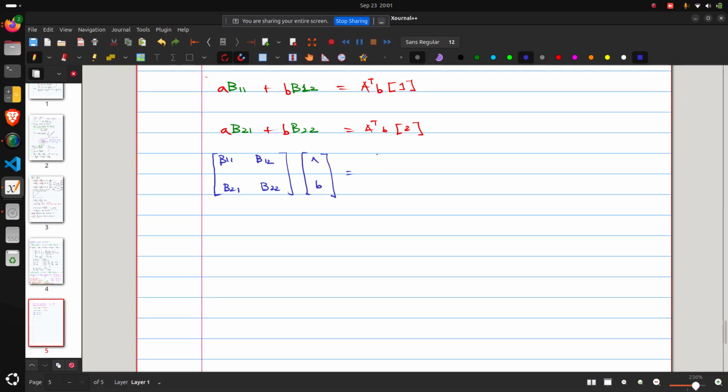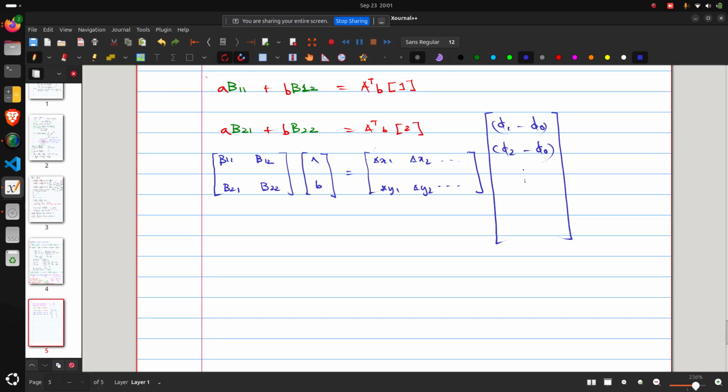A and B is nothing but A transpose B, or let me just write it down. So delta x1, delta x2, delta y1, delta y2 times what? This will be an m cross 1 vector, which is phi 1 minus phi naught, phi 2 minus phi naught, and so on, right?